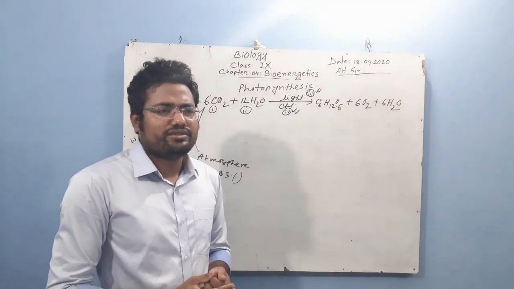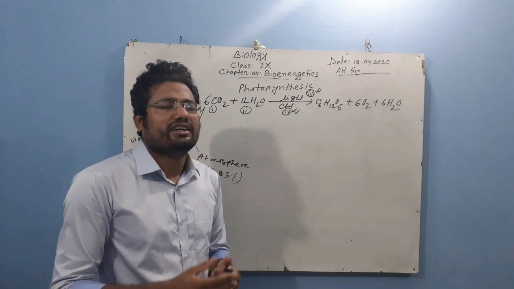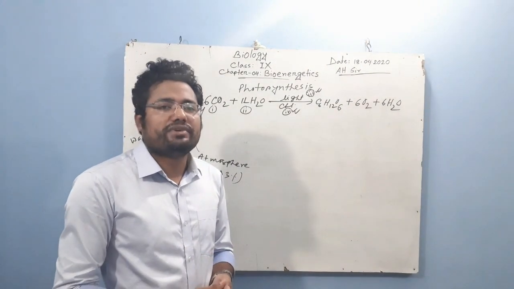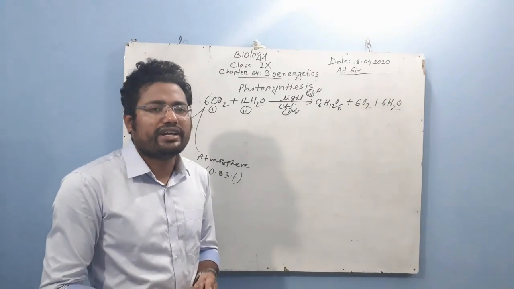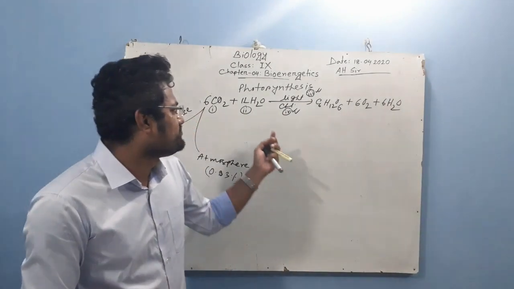Chlorophyll color is green. Chlorophyll is always present in green plants. Besides chlorophyll, there are other solar light absorbing pigments present inside green plants, like carotene, xanthophyll, phycobilin.